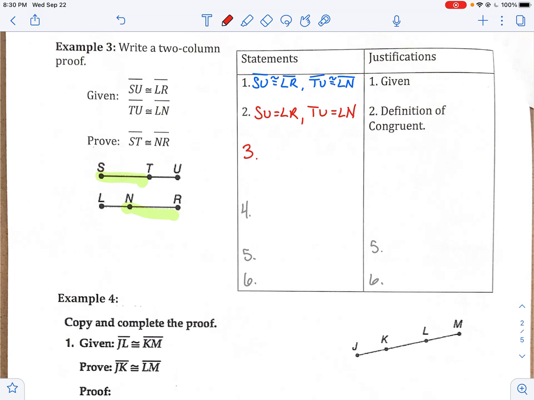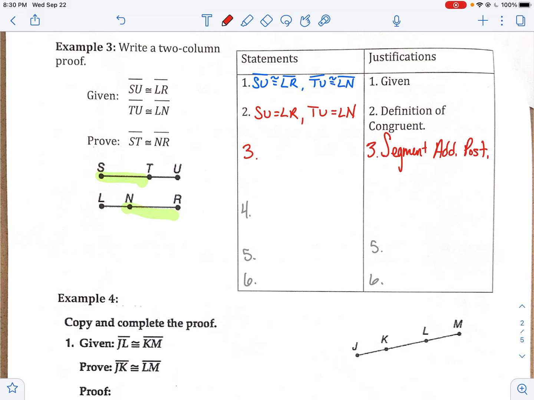So I did my givens, I did my definitions. And my third step, if you wrote this down earlier, you would remember it. You can also rewind quite a bit to the beginning of the video. At least in this lesson, our main focus is on the segment addition postulate.